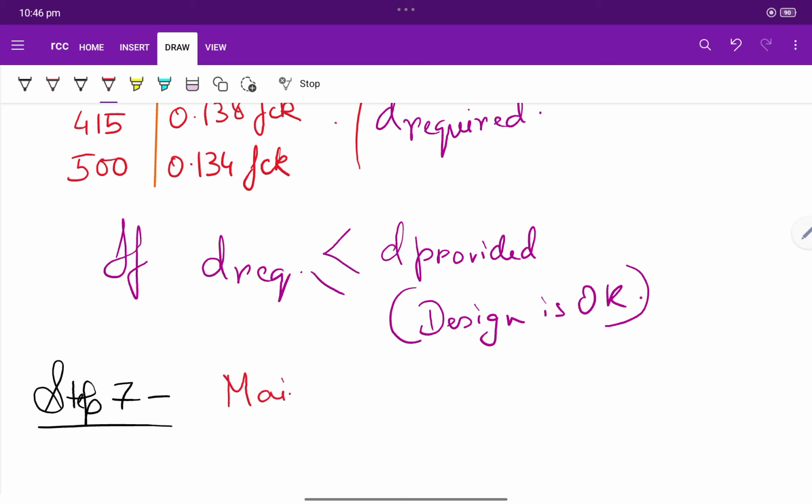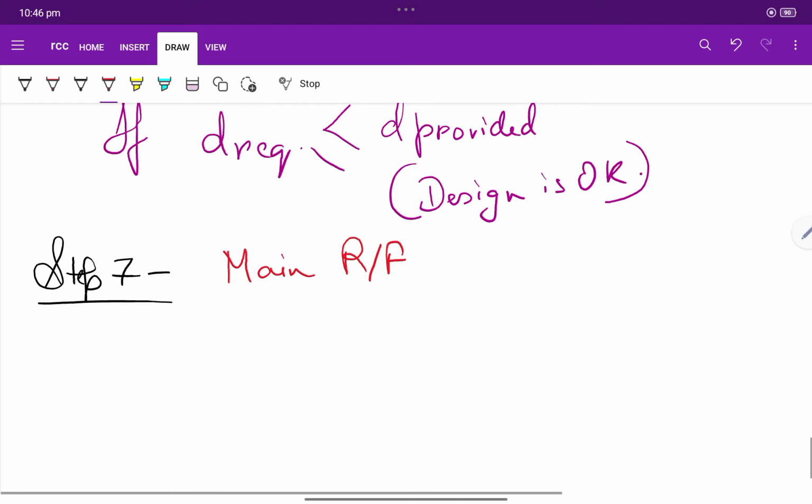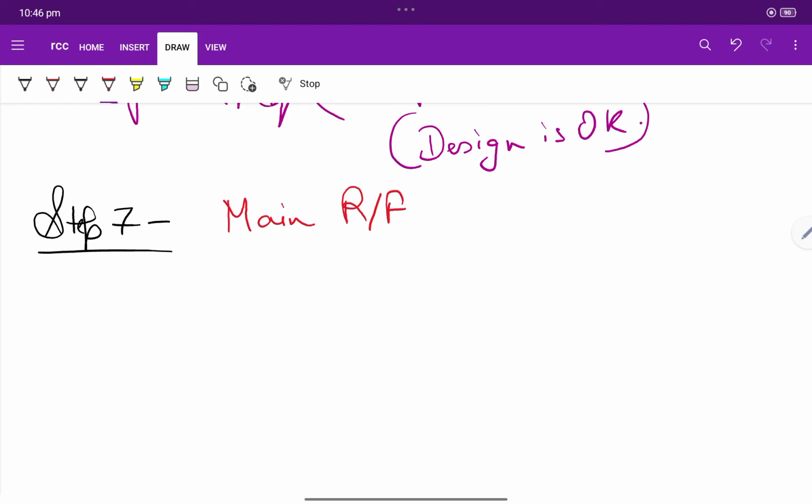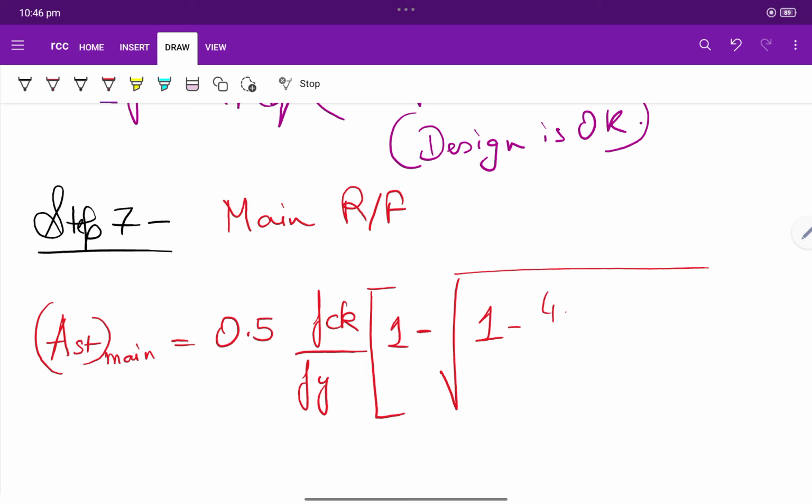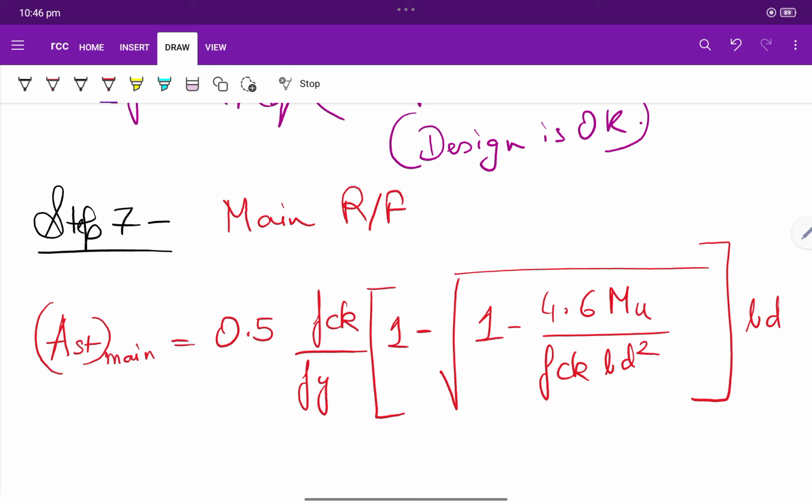There is a universal formula to get the area of steel, that is Ast = 0.5 fck divided by fy, into bracket 1 minus root over 1 minus 4.6 Mu divided by fck B D square, bracket close, into B into D.